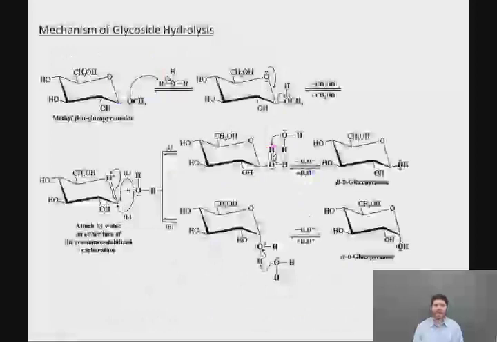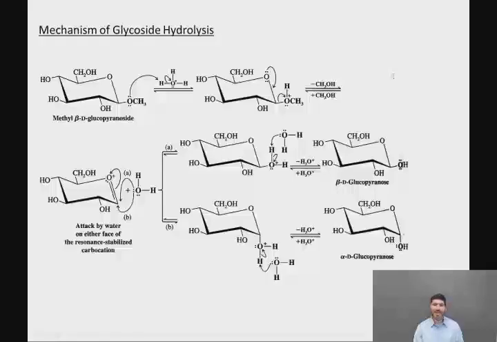Glycoside hydrolysis is essentially the reverse of glycoside formation, and the steps and the rules governing them are exactly the same. So we start with the methyl glycoside, and then in this case, instead of acidic alcohol, we have aqueous acid, meaning that what you really have in solution is H3O+. H3O+ is going to serve as a proton source to protonate the OCH3.